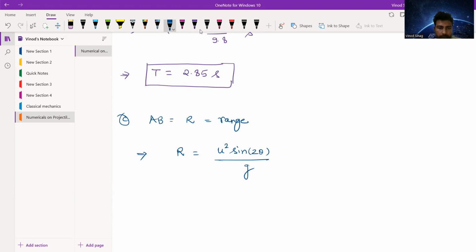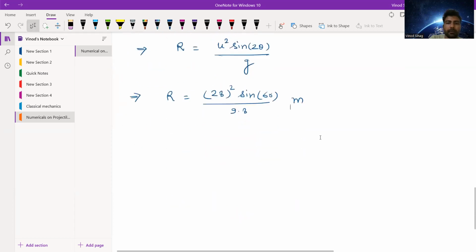Now we are going to put the values. So u is 28 and its square, and if theta is 30 degree, sine 2 theta will be sine 60 degree. The value of g is 9.8 and the unit of range will be meter.